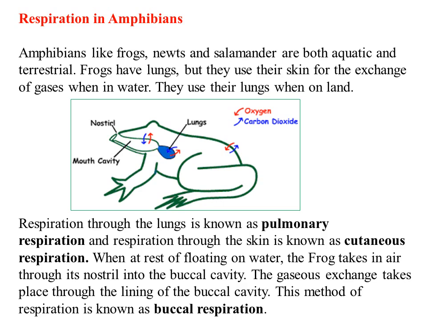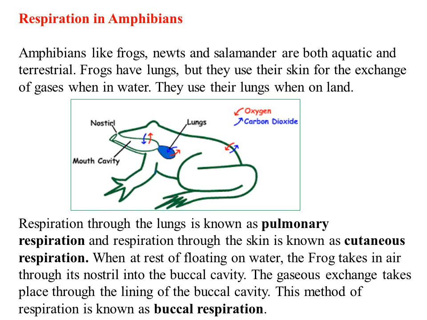Frogs have lungs, but they use their skin for exchange of gases when in water. That's why they are called amphibians. They use their lungs when they are on land. The animals which live on the land are called terrestrial. And amphibians means the animals which live in both aquatic and terrestrial habitats.